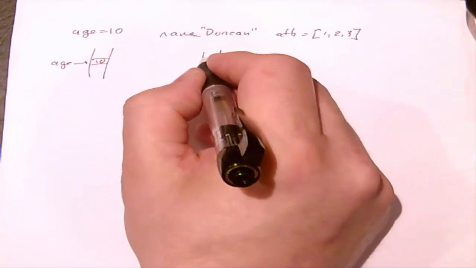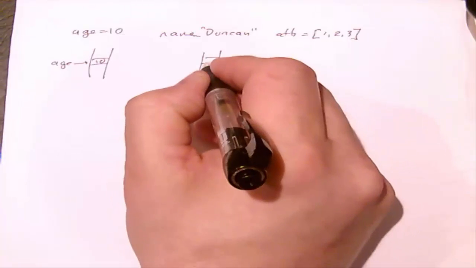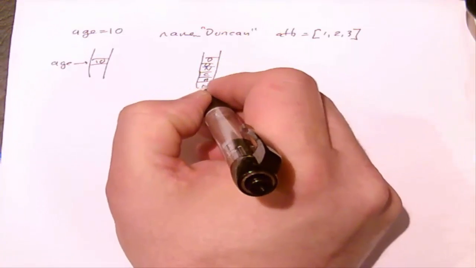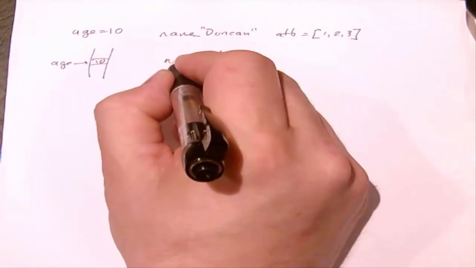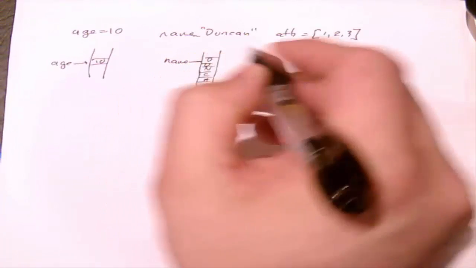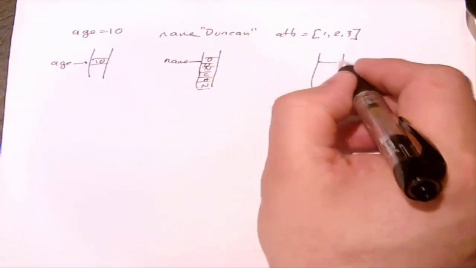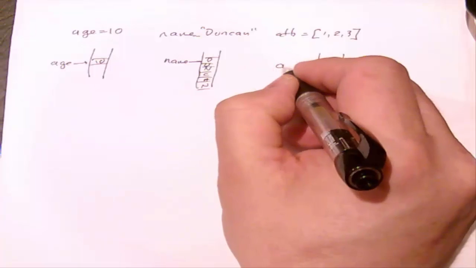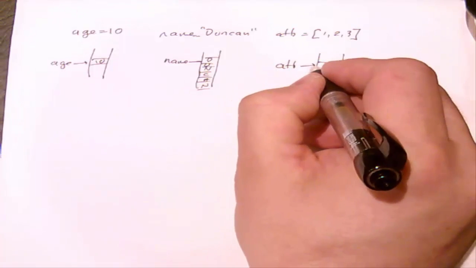We've got our area in memory to put in Duncan, and our name points to there, and we've got our area in memory where I've got 1, 2 and 3 and my attributes point to there.